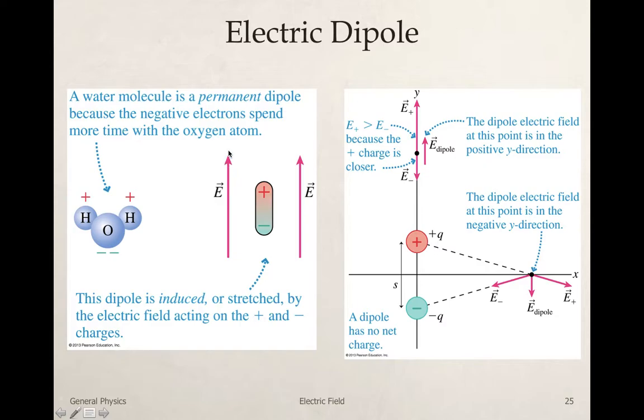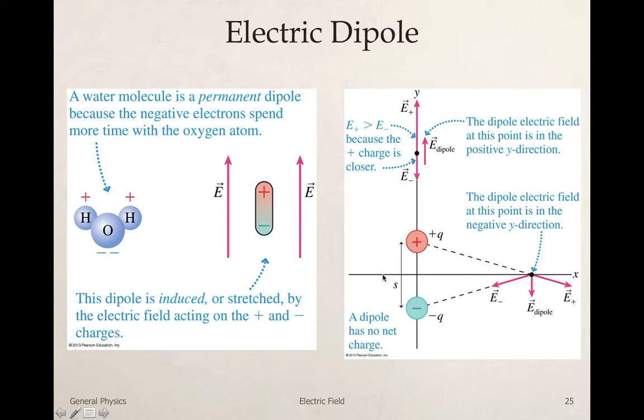The field is showing me that negative charges would be here and positive charges would be here. So it makes sense that it's going to turn my dipole so that my positive charge is attracted to the negative charges here, and my negative side of the dipole is attracted to the positive charges here. And so this dipole is induced or stretched due to the field acting on it because of the positive and negative charges.